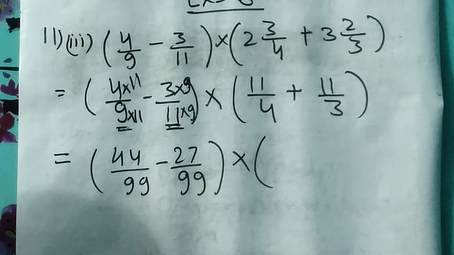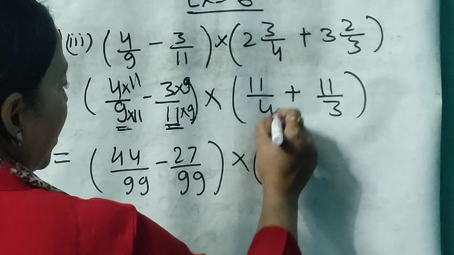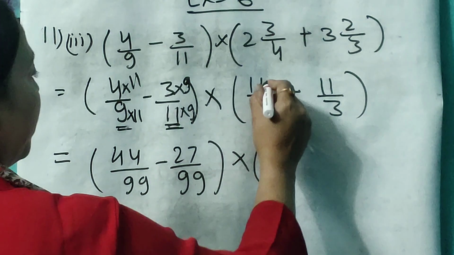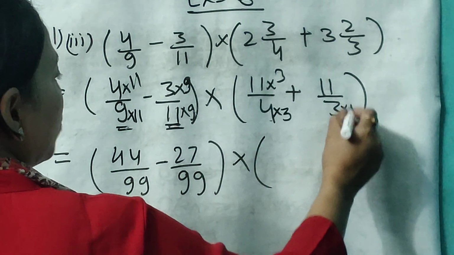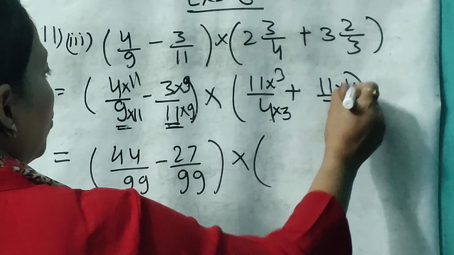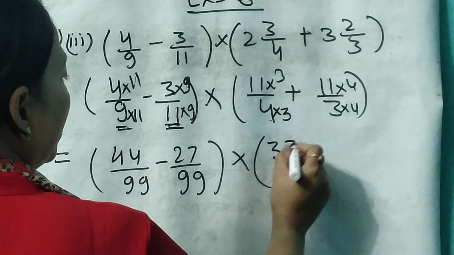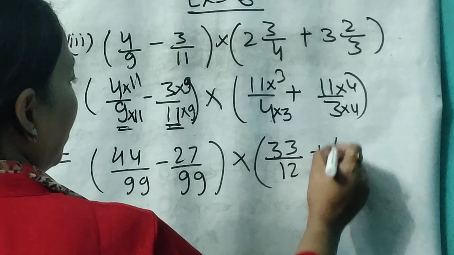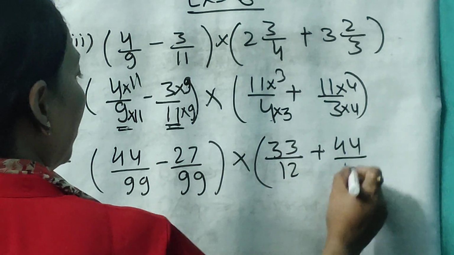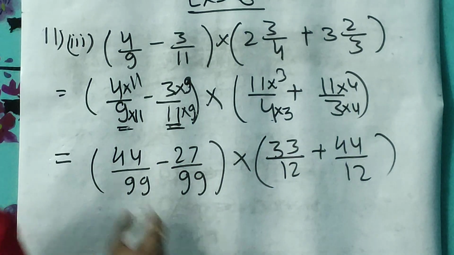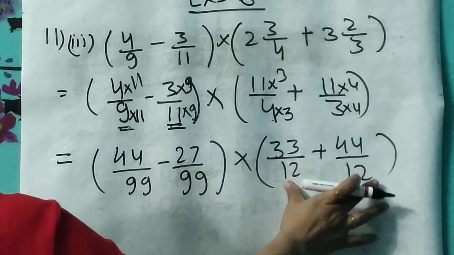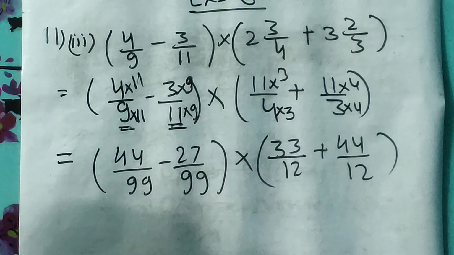The LCM of 4 and 3 will be 12. So now to make the denominator the same, this will be multiplied with 3 and this one with 4. So 11 3s are 33 by 12 plus 11 4s are 44 by 12. Now you can see that the fractions in this bracket are like fractions, and in this bracket also they are like fractions.